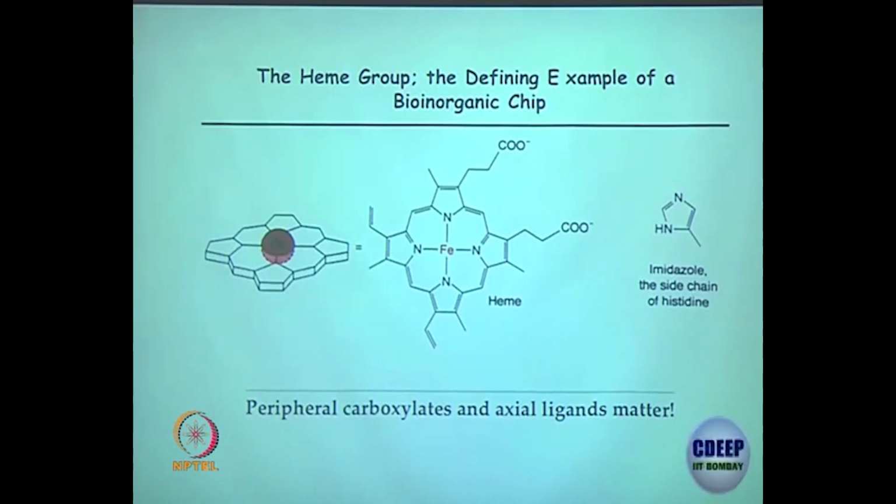Okay? So it's a tetradentate ligand. Porphyrin is a tetradentate ligand. This is the 5th coordination, imidazole. Okay? The 6th coordination is over here, which is open, or almost, let's say, something is there very far, interacting, not too close. This is the center where oxygen binds.